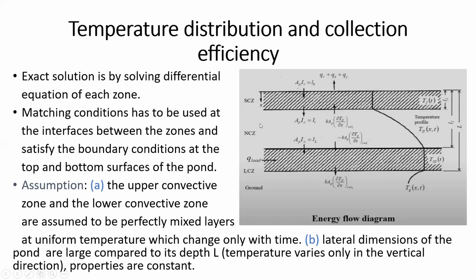This is the temperature profile of the non-convective zone. T2 is a function of x and time, but the upper convective zone is only a function of time, and the lower convective zone is only a function of time. There is no change with x, and the concentration is uniform. That is, we say that the upper convective zone and lower convective zone are perfectly mixed.